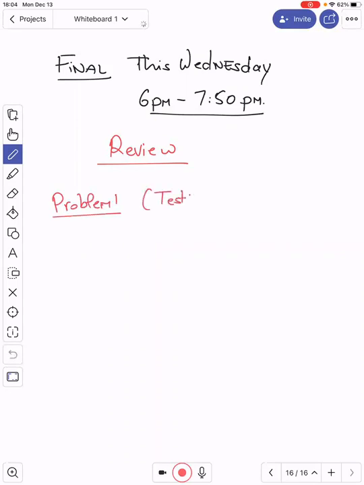Actually, this problem one in the second test is very similar to problem 7 in the review sheet. The idea is the same, we're going to apply the same formulas, it's just different numbers.